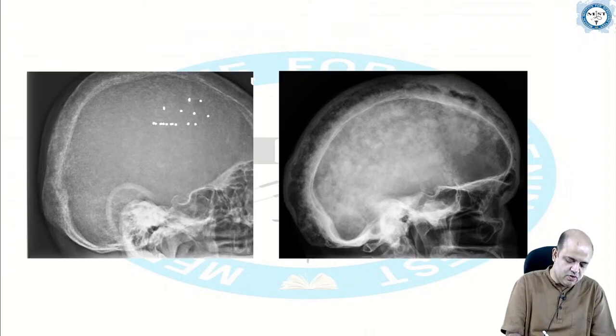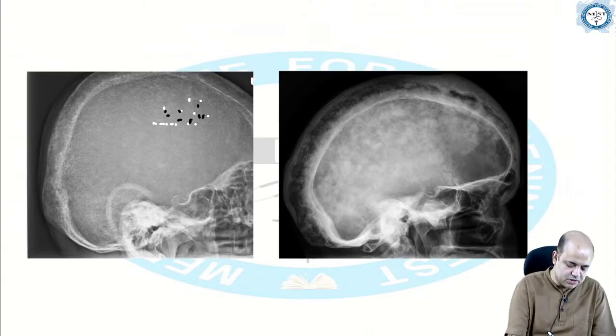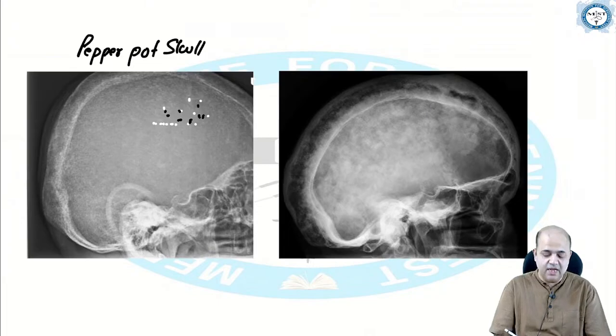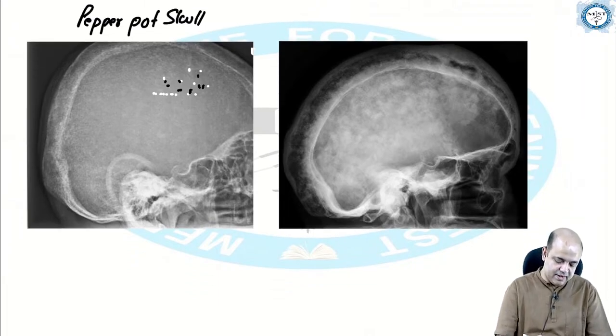Then there could be lesions which are very, very small, like black and white dots. This is called the pepper pot skull. Pepper pot skull is a feature of hyperparathyroidism.